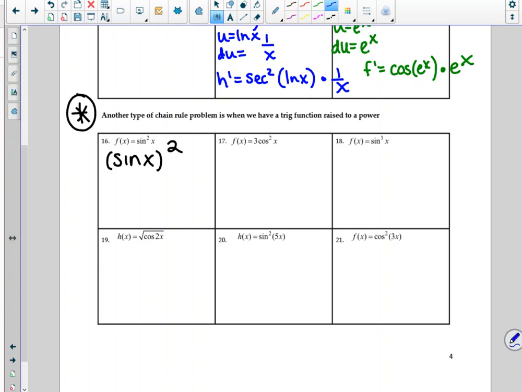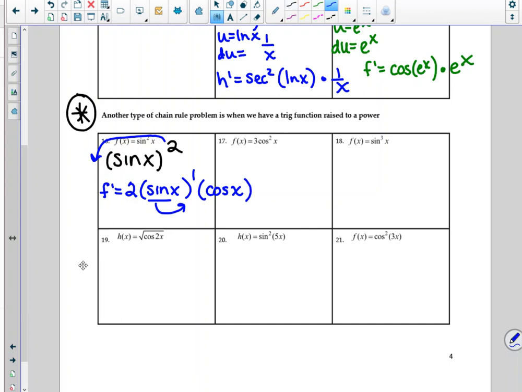This sometimes tends to be harder to kind of go around. When I set my derivative up and I think about how I take the derivative of something squared by bringing that 2 down, sometimes it's hard not to change the inside, because when you go to the derivative step, you're going to get that.